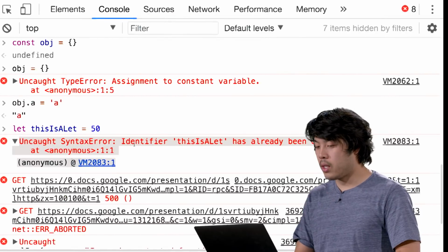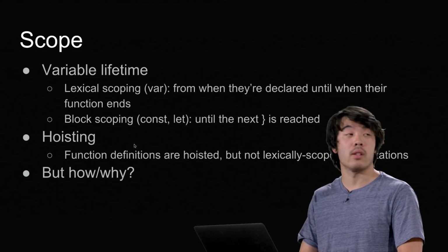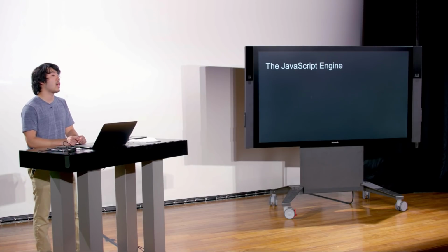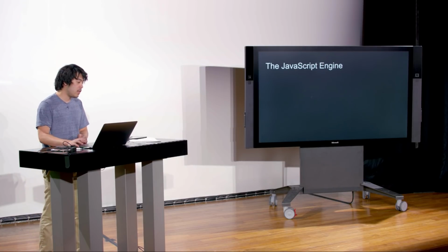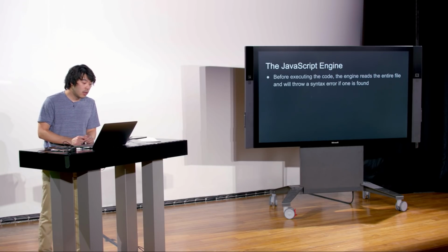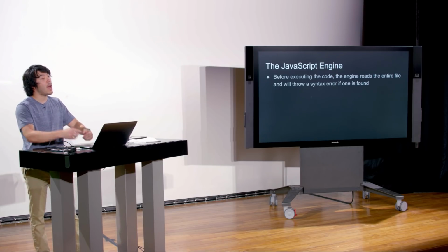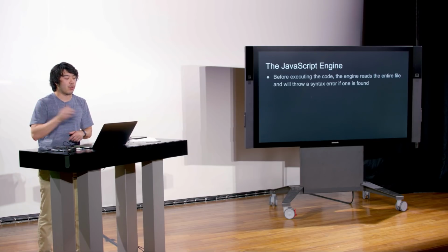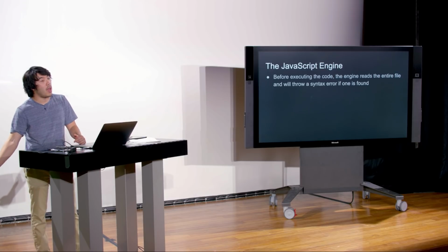So why does this happen? How does this happen? The reason is actually how JavaScript is executed. There are 2 phases in the execution of a JavaScript file. Before executing any code, it has all of the text in front of it, but it hasn't executed anything. It just reads the entire file. And what's it looking for?